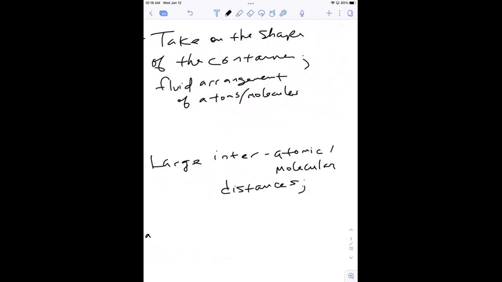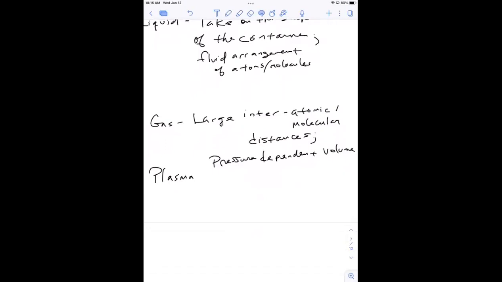Good, right? Large interatomic or intermolecular distances between the molecules, and also pressure dependent. Right, the volume is pressure dependent, and it takes on both the shape and the volume of whatever container it's in.